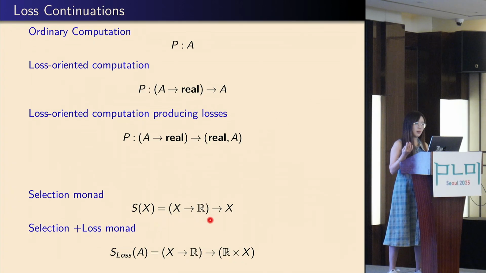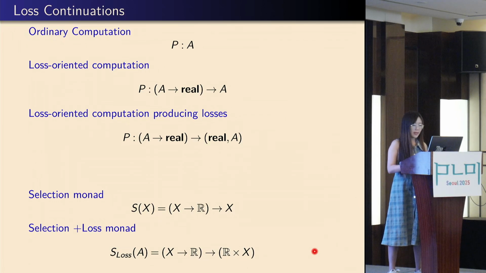It takes a function from X to R, where R is the real numbers, and it gives back an X. If we generalize the type a little bit, we can also say the selection monad has type from X to Y to X. People who are familiar with the continuation monad may notice the similarity and the differences: the continuation monad goes from X to Y, and the selection monad goes from X to Y to X. And similarly, we can combine the selection monad with the loss monad and then return both tuples.